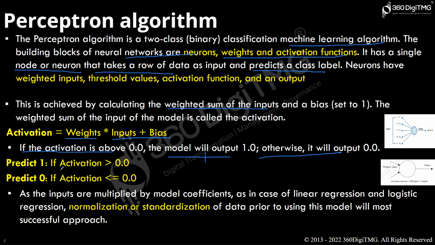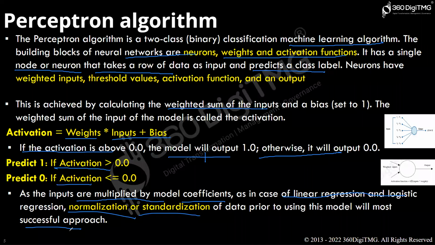That is, if the activation is greater than 0.0 the output is 1.0, and if it is less than or equal to 0.0 the output is 0.0. The inputs are multiplied by model coefficients, as in linear regression and logistic regression, and normalization or standardization is a successful approach.